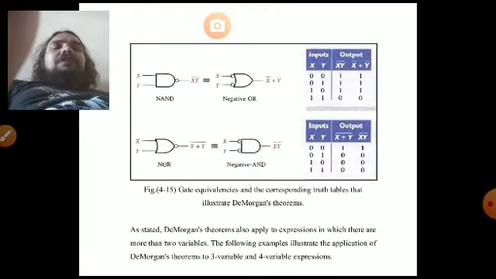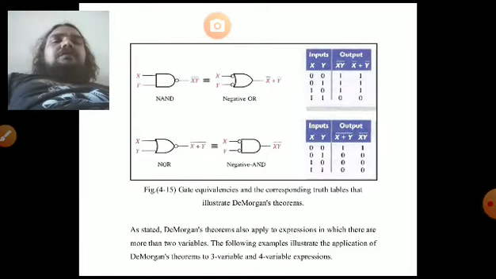Third case: x is equal to 1, y is equal to 0, the NAND gate output is 1. And the last, fourth condition: x is equal to 1, y is equal to 1, where the NAND gate output, x into y bar, is equal to 0. These are the LHS inputs and outputs.